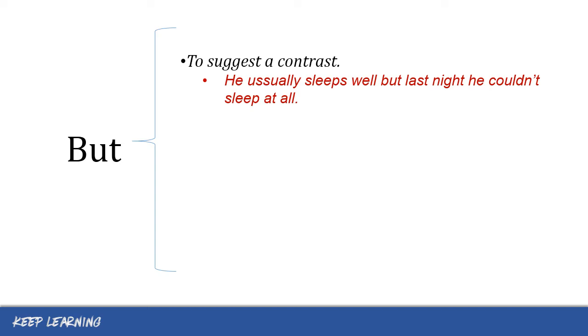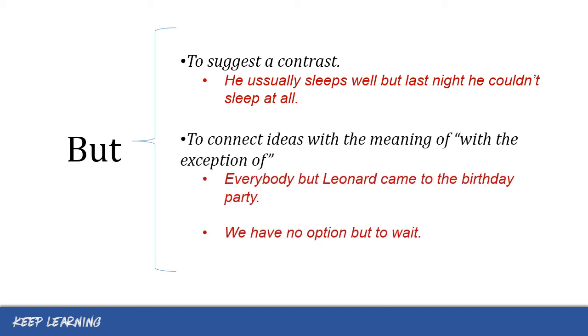Anyway, there's more you can do with but, right? Two more things you can do with but, because you can connect ideas, and it would have two different translations. The first one is this one. Everybody but Leonard came to the birthday party. What it means is everybody with the exception of Leonard.